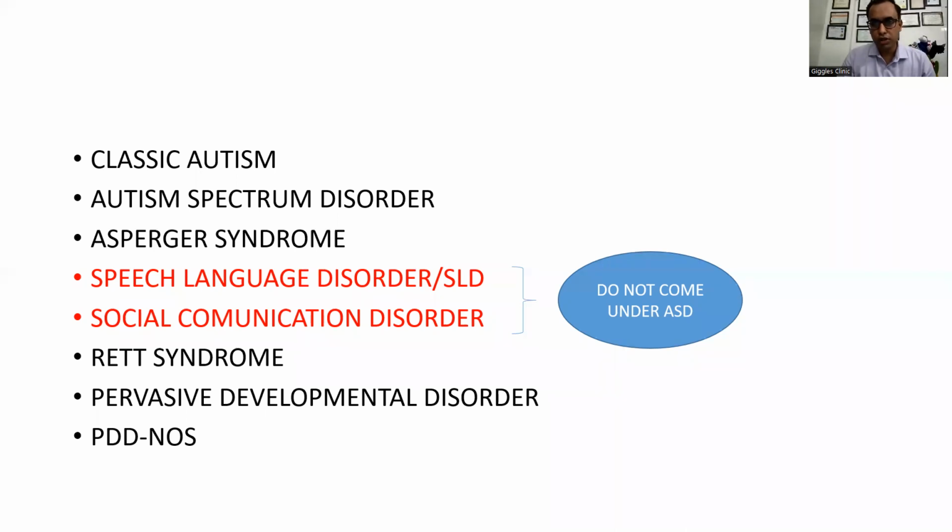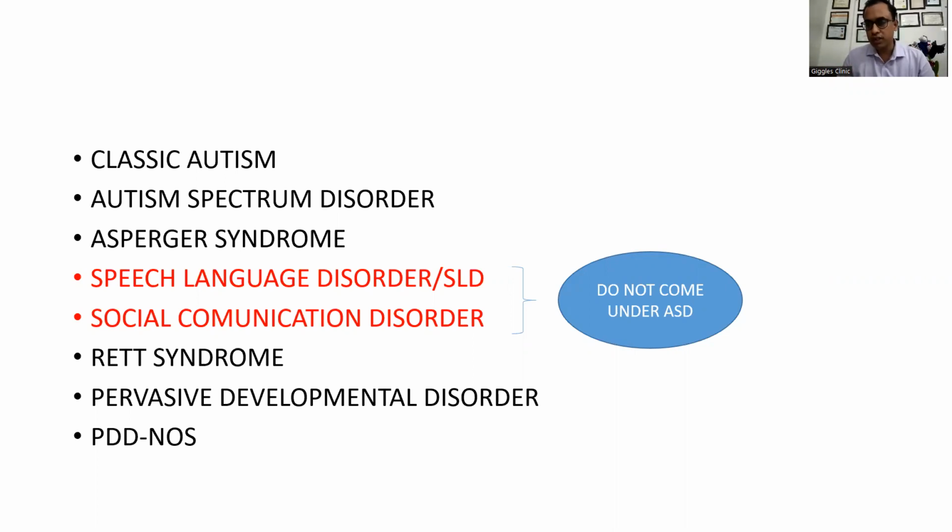We might have also seen that parents come up with a diagnosis that the child has an SLD or speech language disorder, or a social communication disorder. These are the two important disorders which have been added in DSM-5 but don't come under ASD. Other than this, all the other diagnoses which we mentioned basically come under the spectrum of ASD.